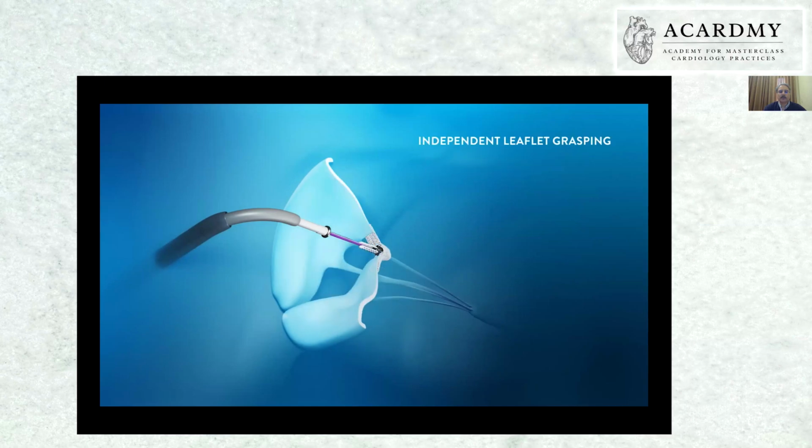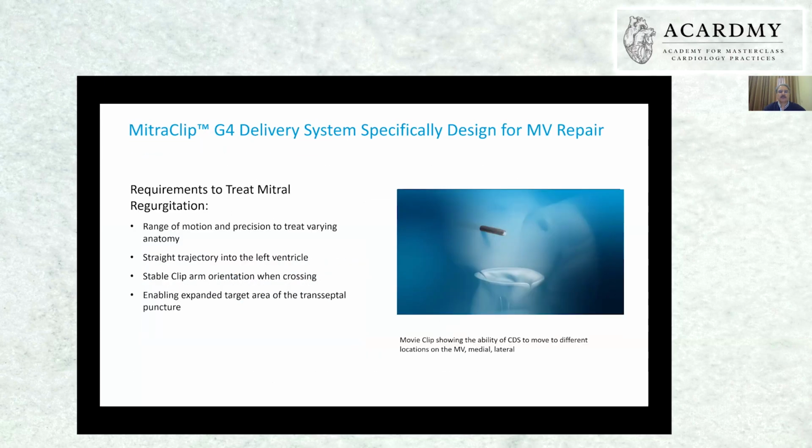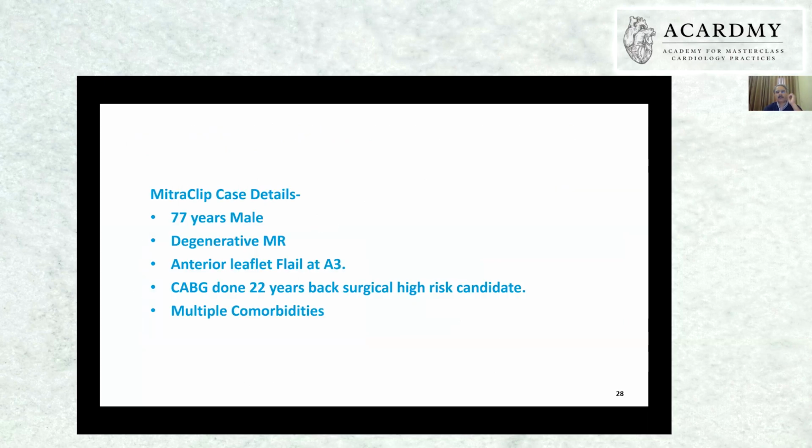Now it is catching. Now the grippers are open. And once we close the gripper, this is a 60-degree angle. It catches hold of a leaflet and then we close it. So these are all the things which we check. This is more of a theoretical thing, animations, but I'll show you the case.